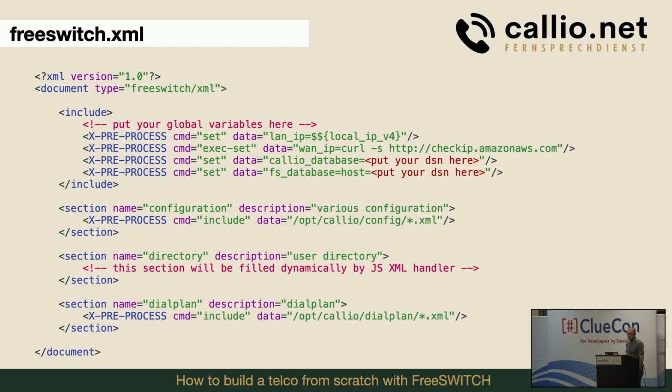You will see 2 configuration sections that include static XML files, and the directory will be filled dynamically by a JS XML handler, which connects to our database to get the user data or the subscriber data.